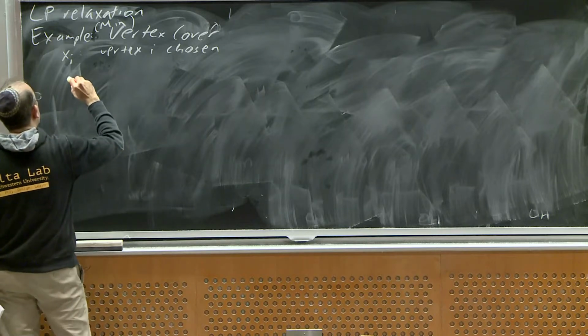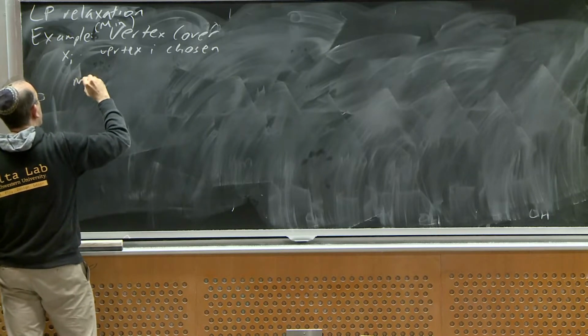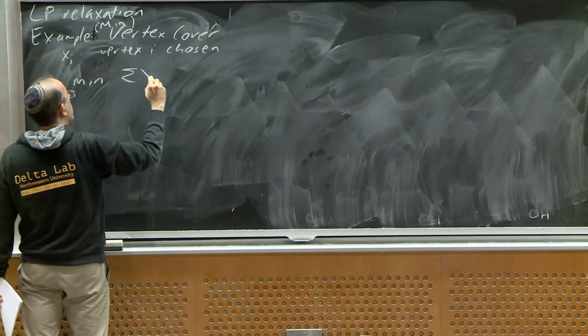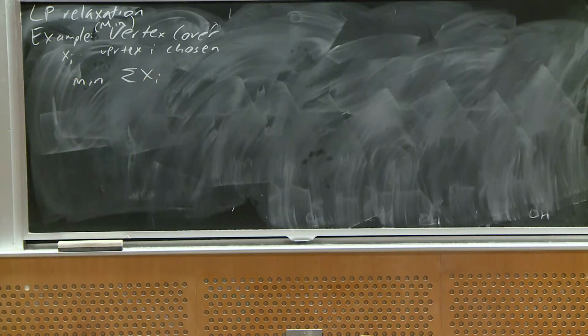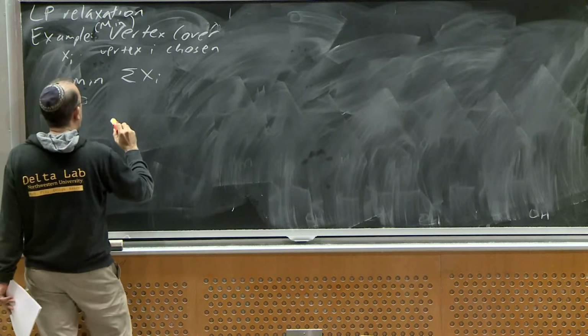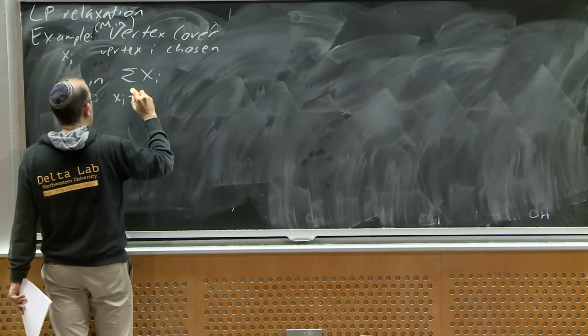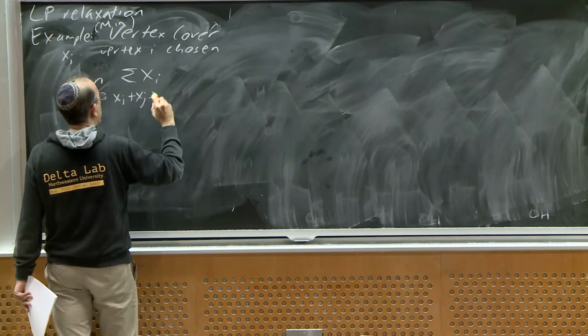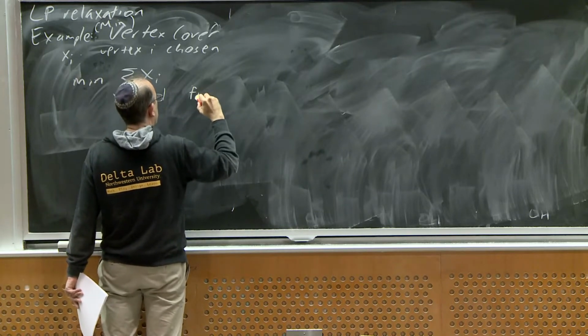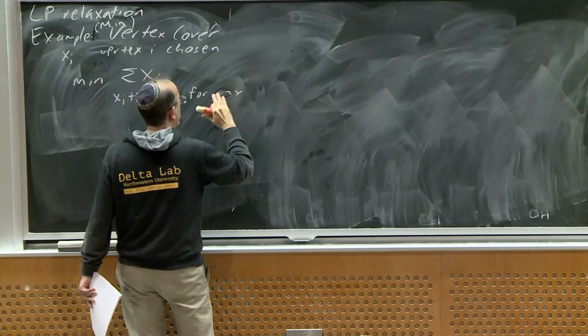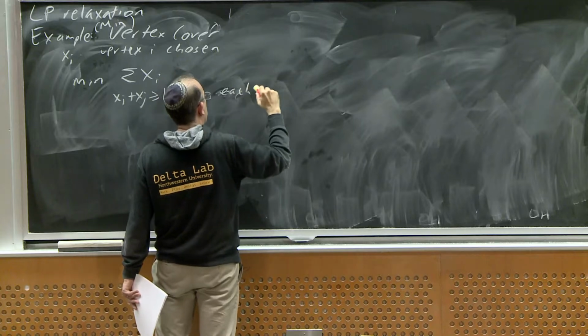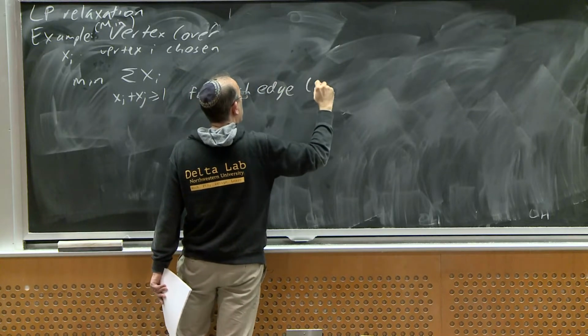And now I can say, well, I want to minimize the number of vertices that I choose. That's just minimizing the sum of x_i's, subject to a constraint that x_i plus x_j should be at least 1 for each edge ij.